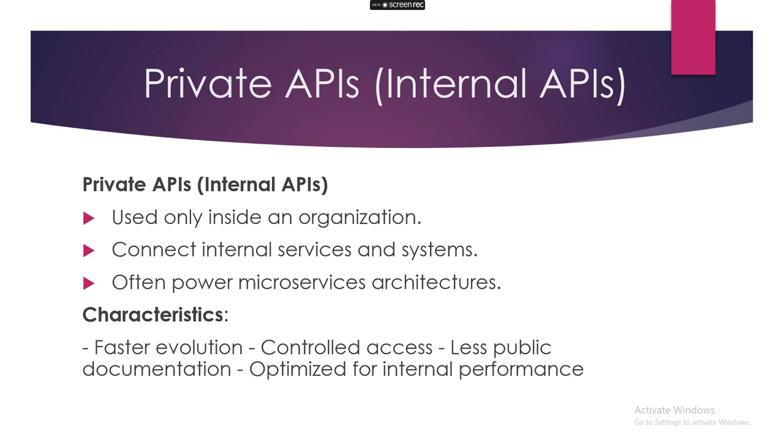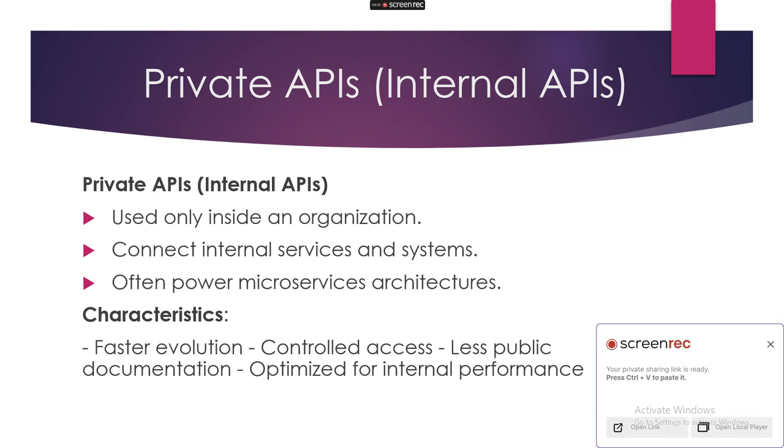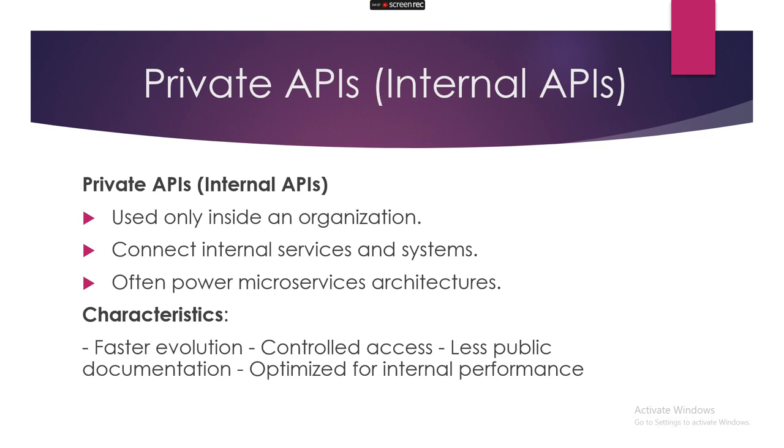For characteristics, they evolve quickly, they have controlled access with less public view, and they don't have public documentation because they are mostly used internally. You don't want to expose information about a particular API to the public. And they are optimized for internal performance, as you can see.